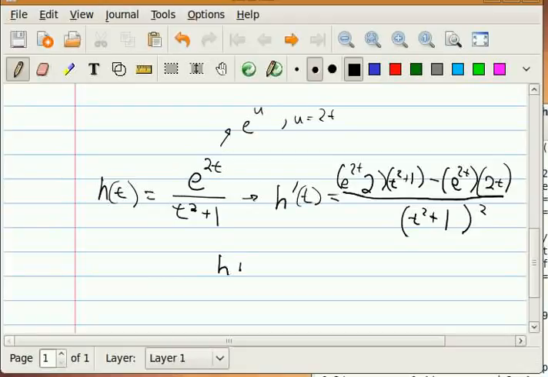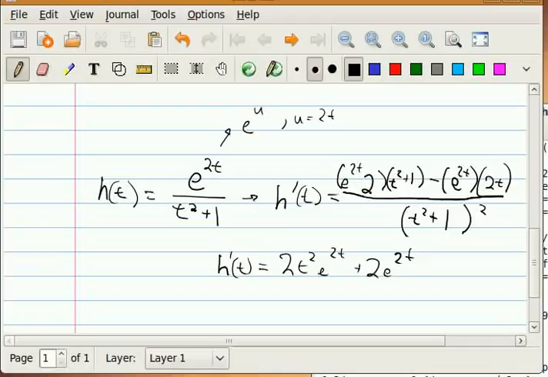Okay, so maybe I can simplify this one a little bit. H prime of t, well, I have two terms in the second parentheses here, so I can distribute. It looks like I'll get 2t squared e to the 2t plus 2 e to the 2t.